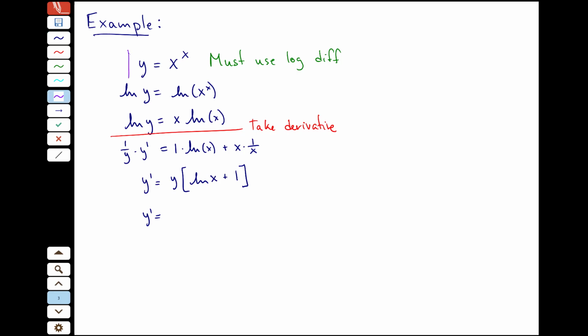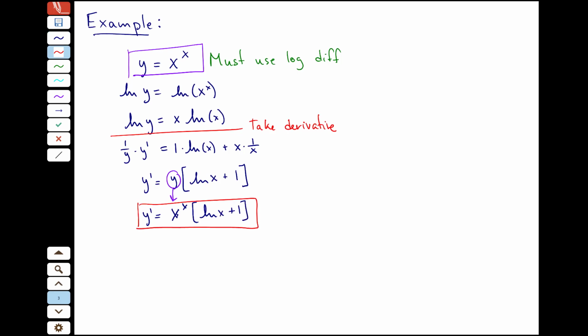So I take the expression y equals x to the x that I started with, and I use it to replace y. So now I have x raised to the x power times the natural log of x plus 1. And it's perfectly fine to just leave that expression like that.